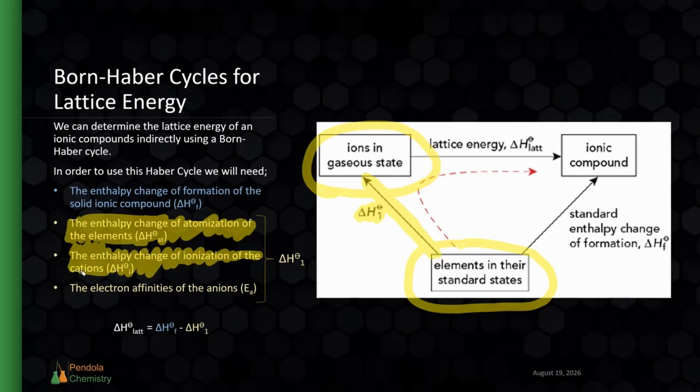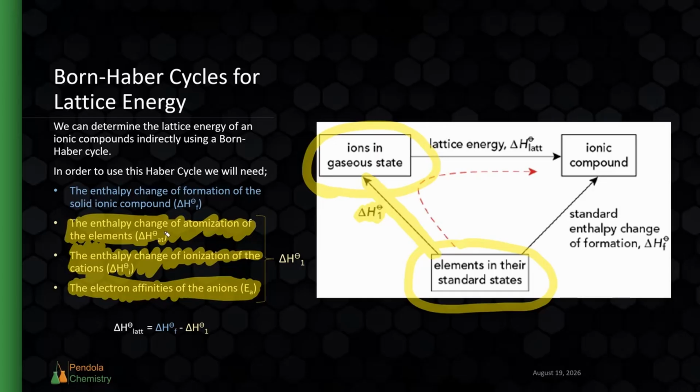And it can include the enthalpy changes of electron affinities of the elements. So for the different elements, we're going to have different things that come up here on this side because it's not just one enthalpy change that relates going from the elements in the standard state to the gaseous ions. There's multiple parts to that process.